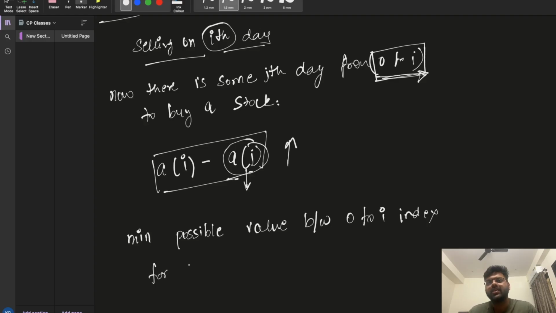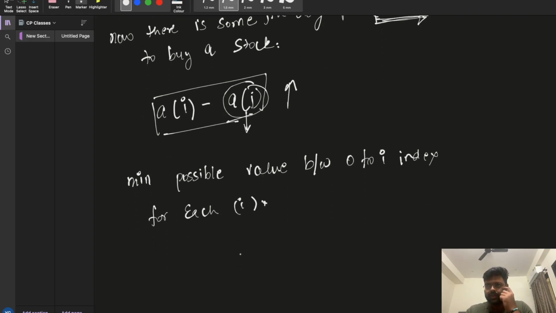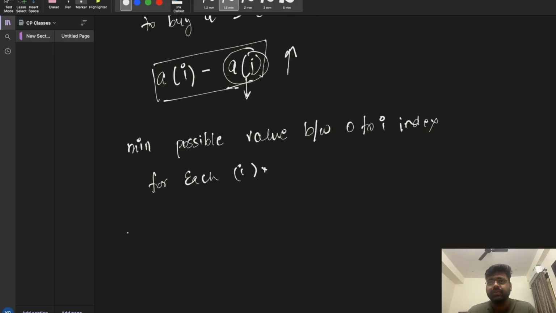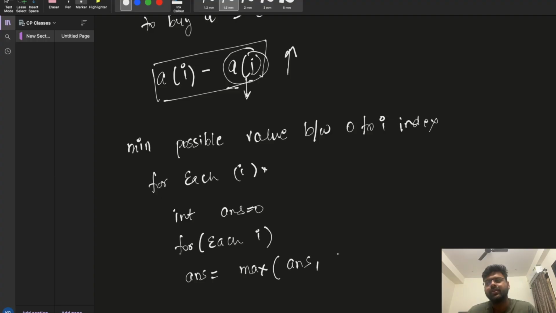Now if I know this particular value in an optimal fashion, what I would have done simply is declare an answer variable which is 0, and for each i, it would simply have been answer equals max of answer, a[i] minus minimum value till i.